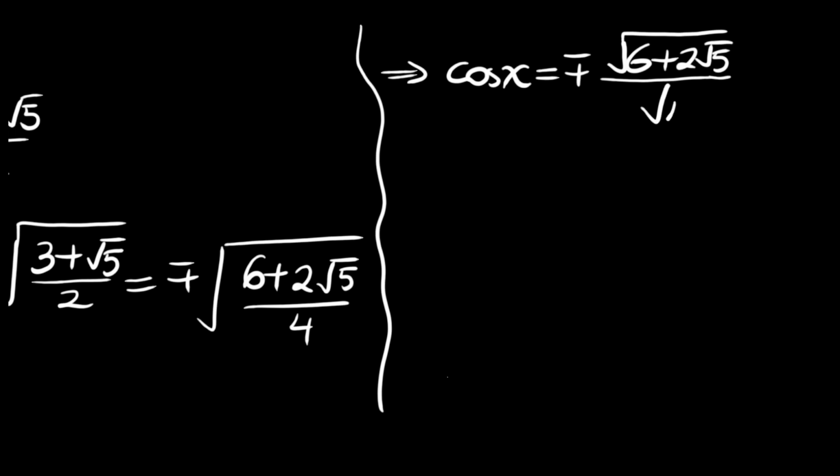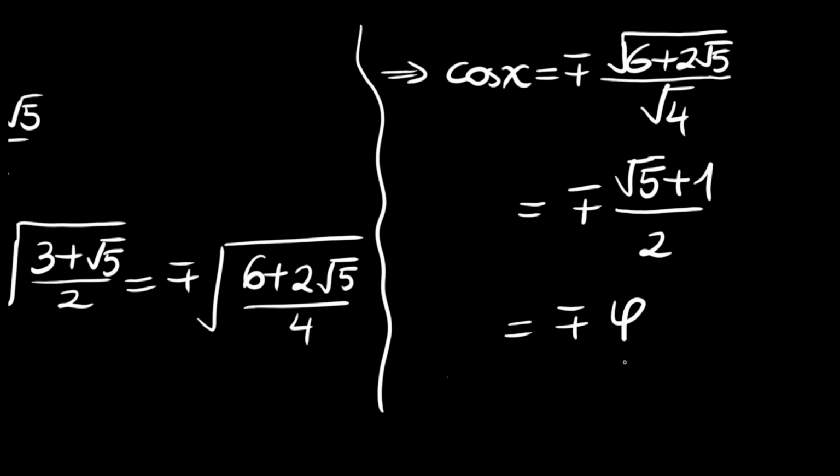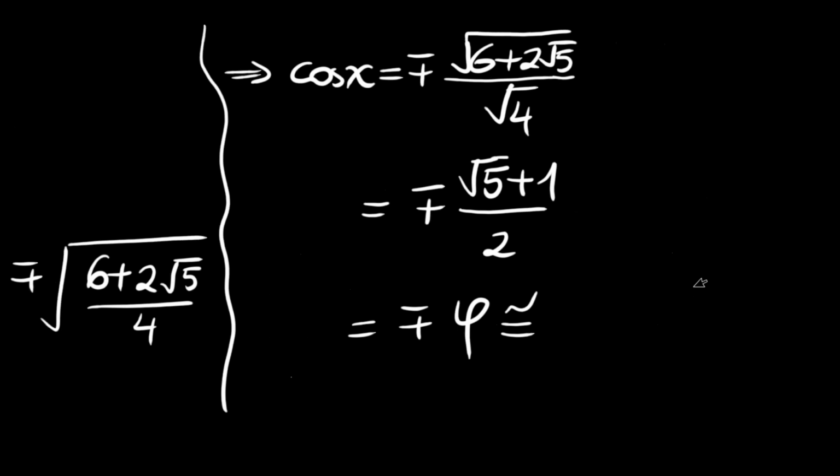by square root of 4, and using some rule, we need two numbers. Their multiplication is 5, and they add up to 6. They are 5 and 1, so we will have root 5 plus root 1, or just 1, divided by 2, plus minus. This is plus minus the golden ratio phi now, but phi has an approximate value of 1.618 and so on.